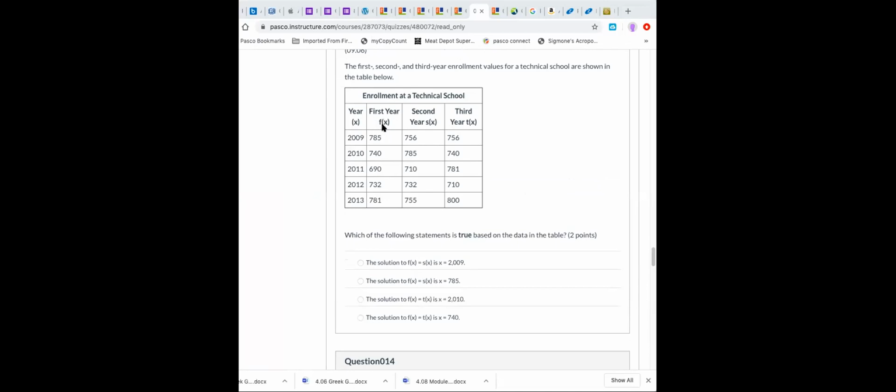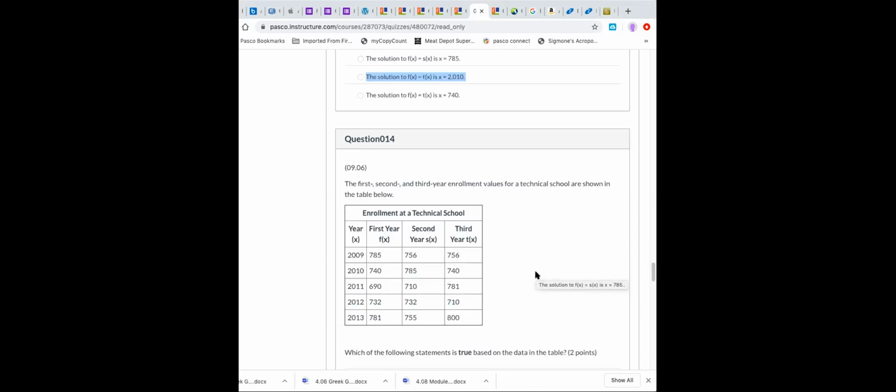If I look here, f of x is the same thing as s of x at 2012. So this question says, is f of x equal to t of x at 2010? See how they're identical? They're both 740. So that would be the true statement, this one here. Does that make sense? That question's where some people got it wrong because I think they weren't understanding what they were asking. Does anybody have any more questions on that one? Okay, I think we're good.